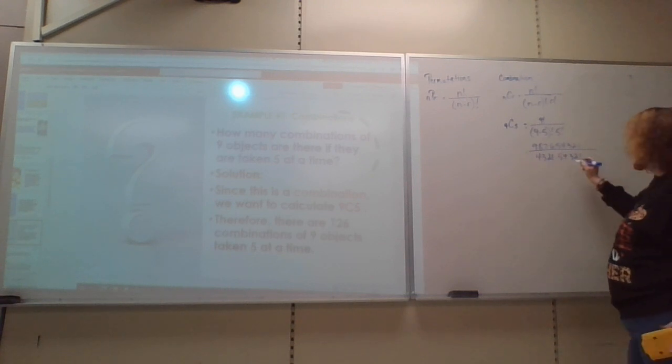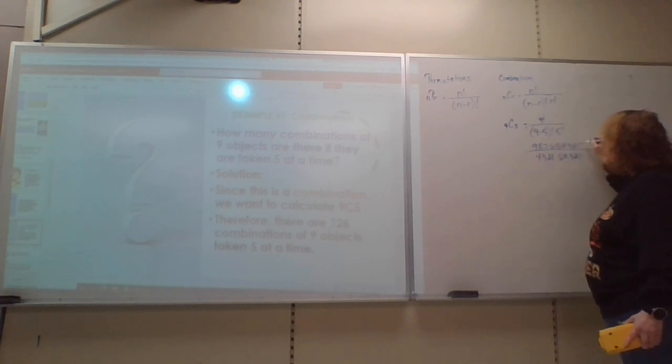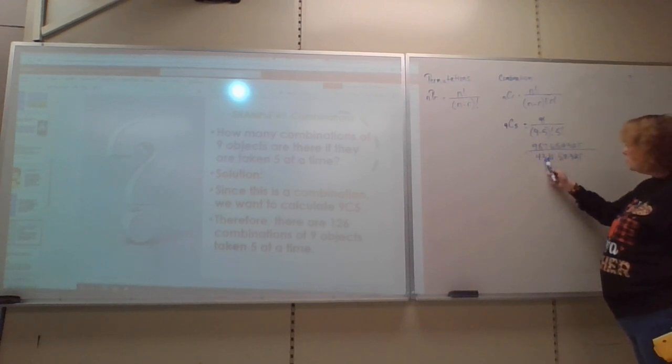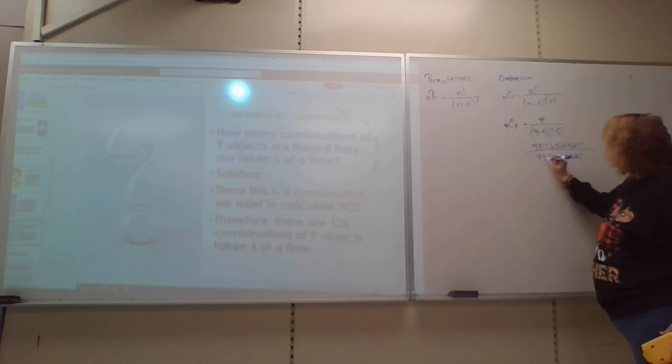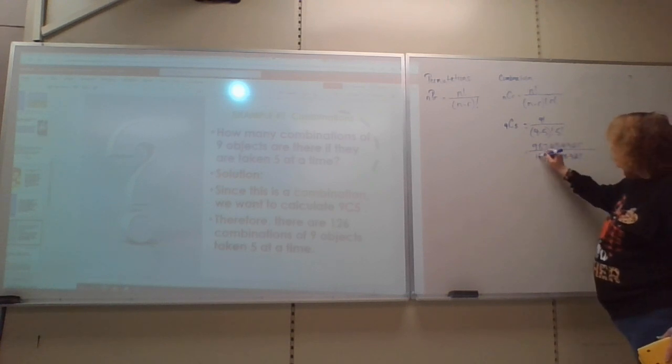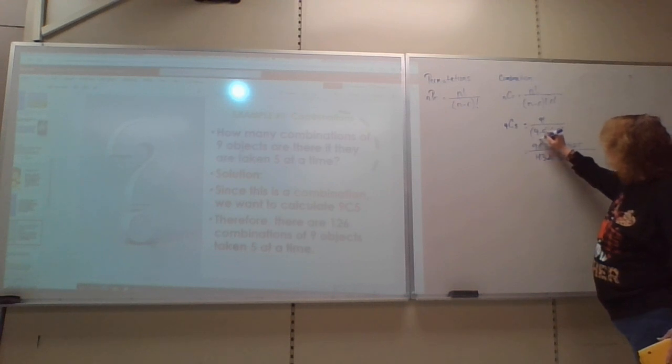So I'm going to cancel that out. Now we can see what we can cancel up here, right? Because we know 3 times 2 times 1 is 6. That cancels out that 6. And the 4 goes with this 8, which would leave me with the 2.